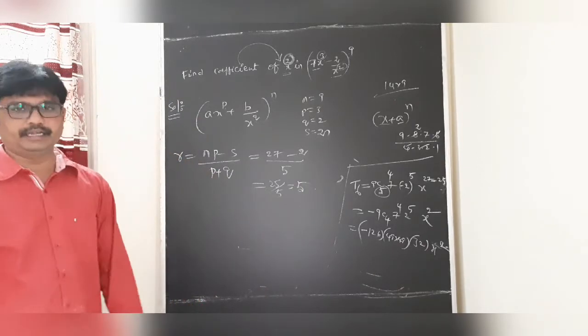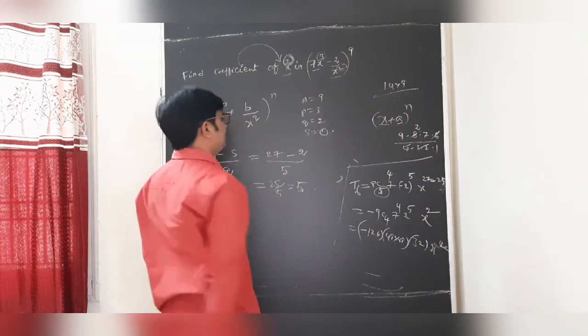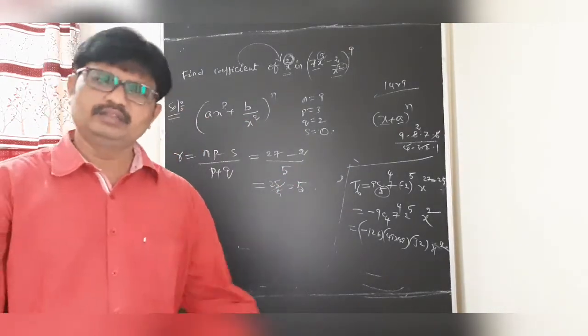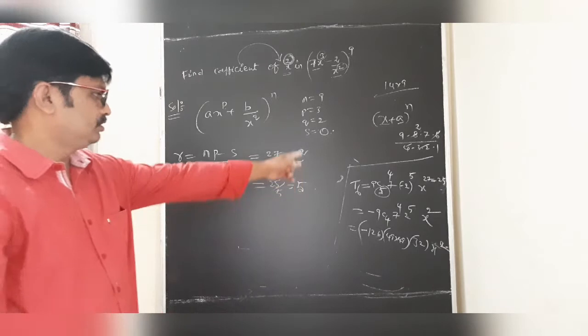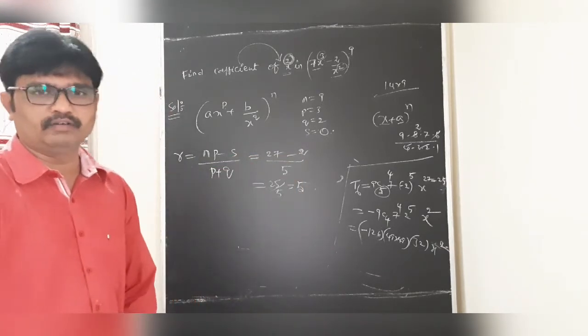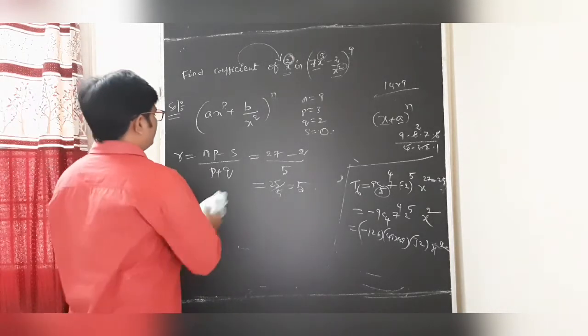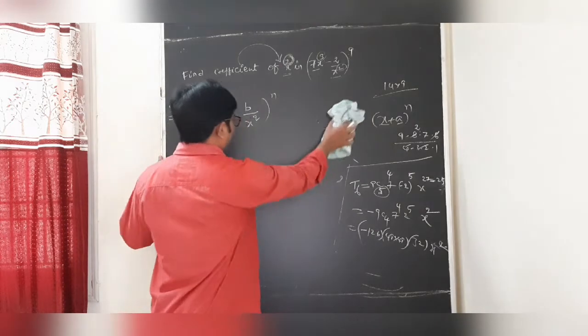For the independent term, s will be 0. Then you can find directly this form. We have to find directly the value of r, which is (np minus s) by (p plus q). Suppose students, how to get this one?